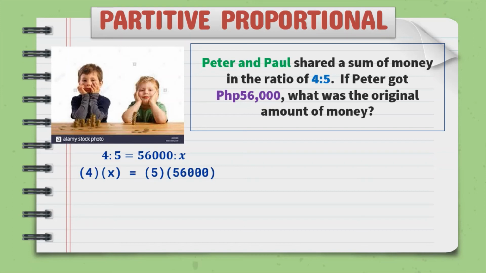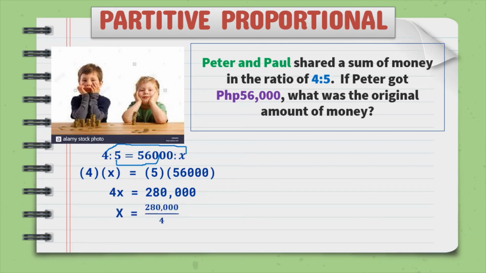Then the extremes 4 times x, and then means 5 times 56,000, and then 4x is equal to 280,000.